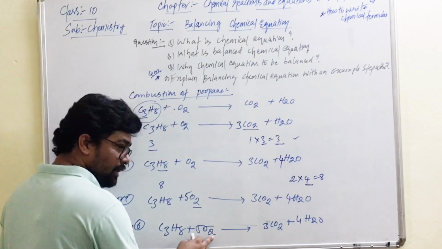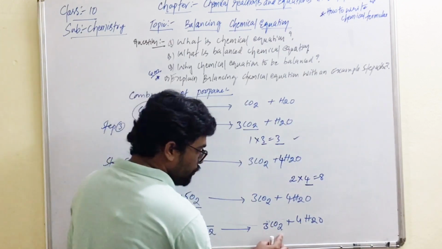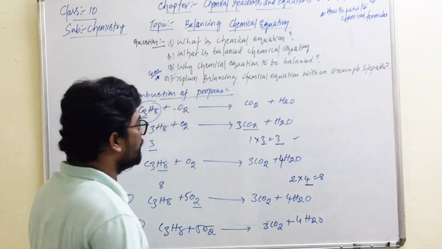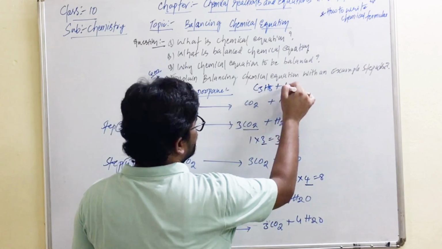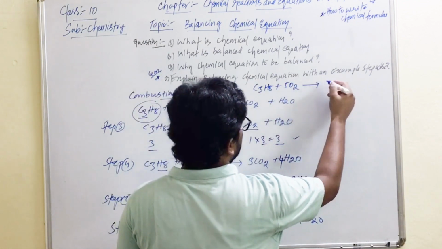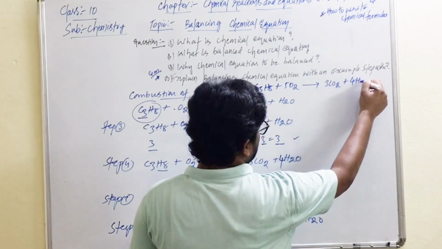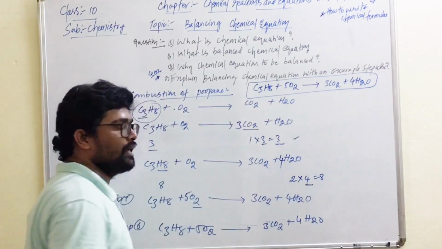Oxygens are 10 on the left hand side; on the right, 3 into 2 is 6 plus 1 into 4 is 4, which is 10. So our balanced chemical equation is C3H8 plus 5O2 gives rise to 3CO2 plus 4H2O. This is our balanced chemical equation.